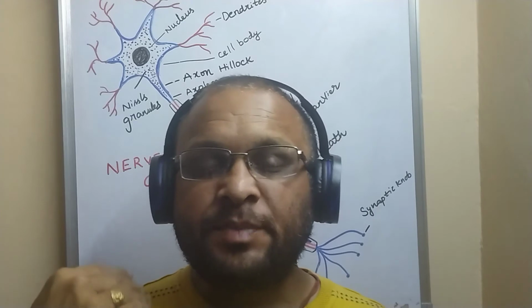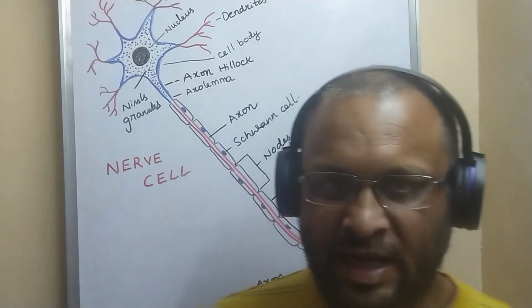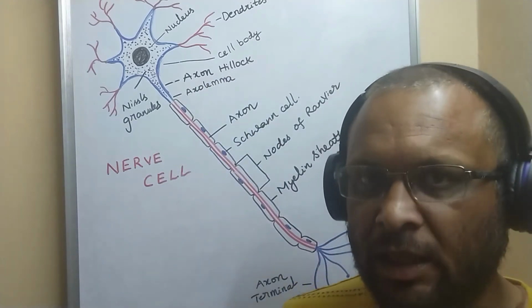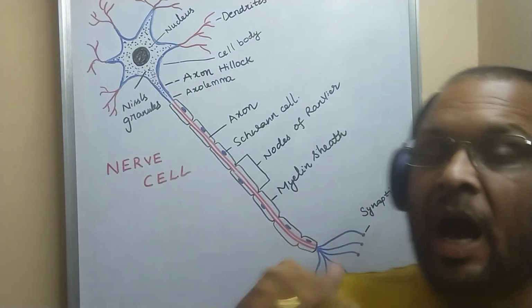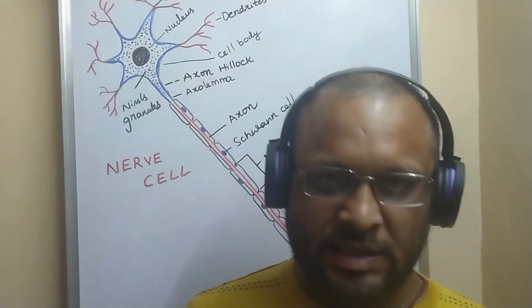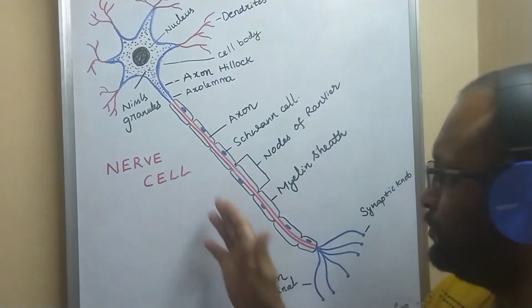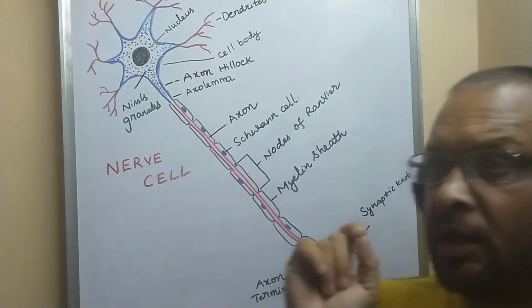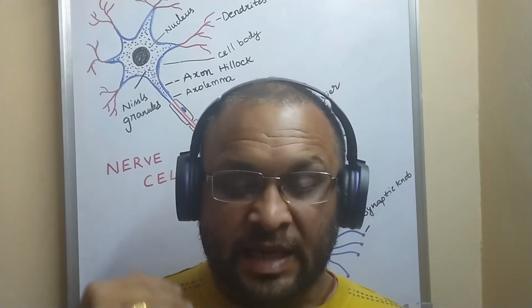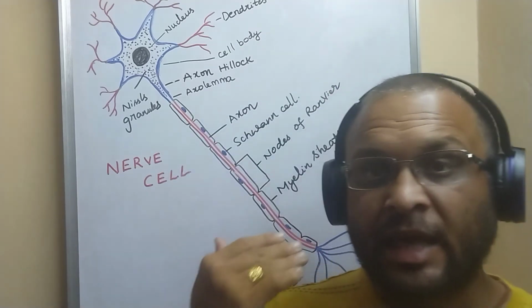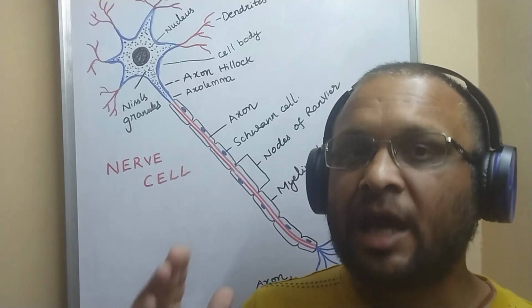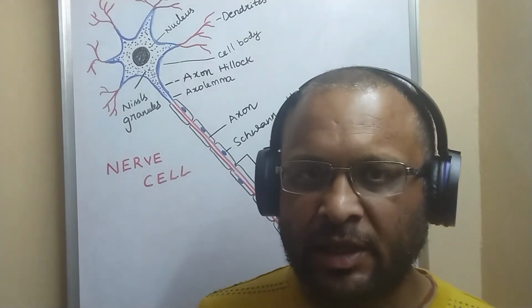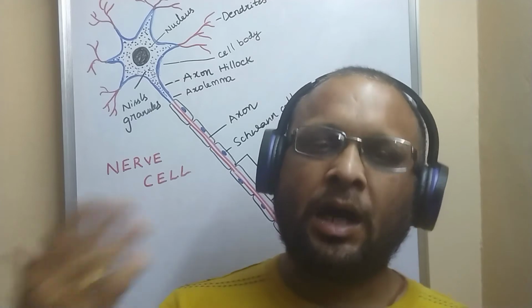It transmits information, chemical or electrical signals, from the cell body to other neurons or muscles. In the nerve cell, signals are transmitted as chemical and electrical signals, but majorly it is chemical signals, which get transmitted from one neuron to the other.